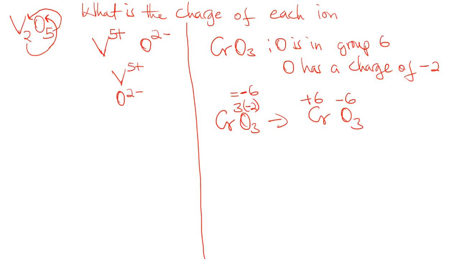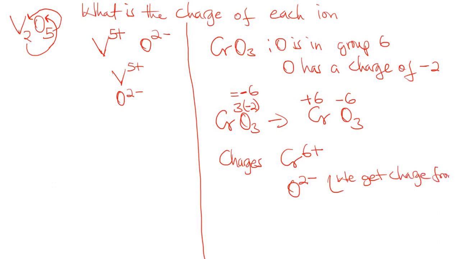So the charges are as follows: Cr 6 plus, O 2 minus. So for oxygen, we get the charges from the periodic table, because we know that oxygen is in group 6.